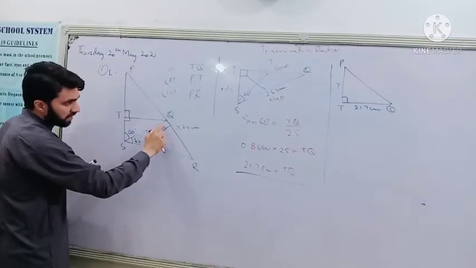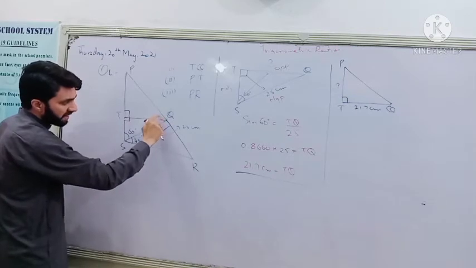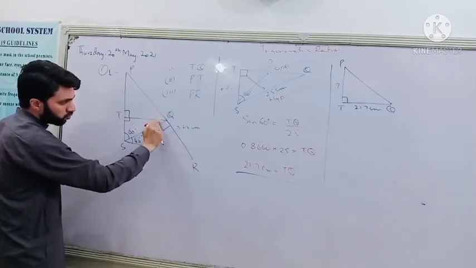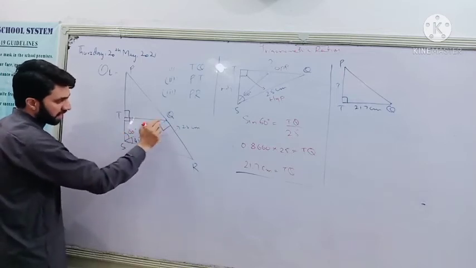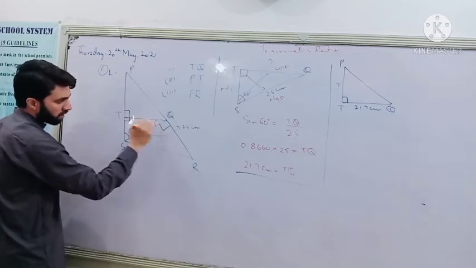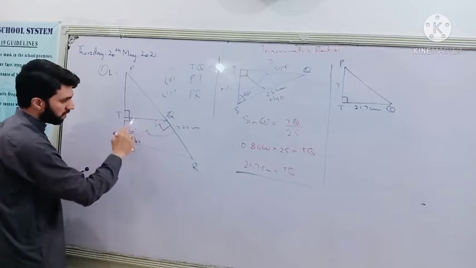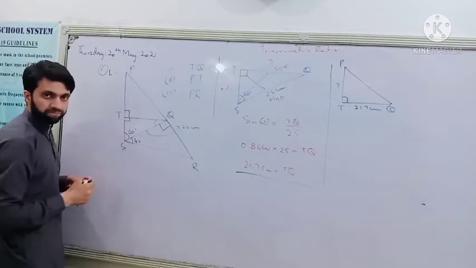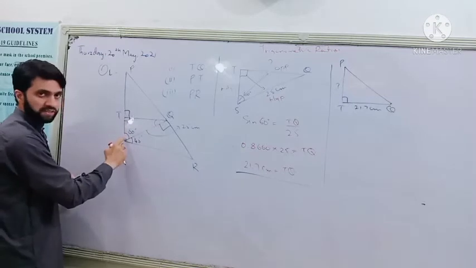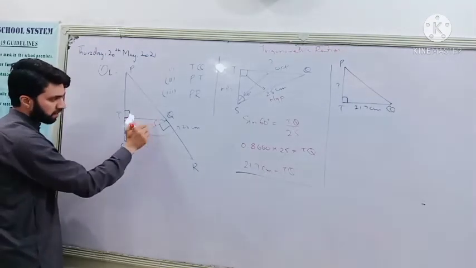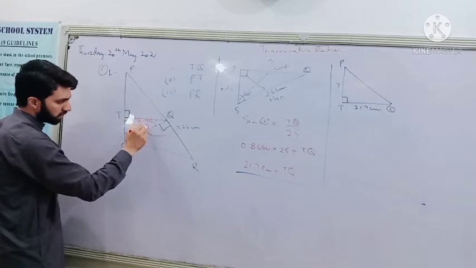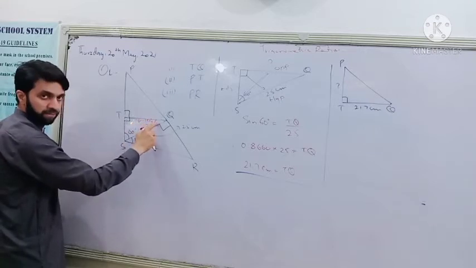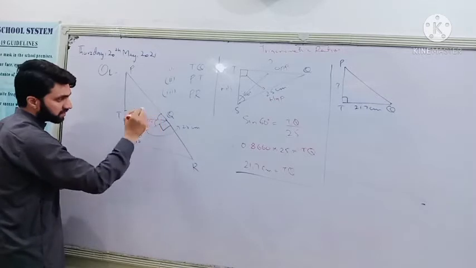We have 90 at point Q. There are three angles, 1, 2, 3. This angle can be found with the help of the formula: 90 plus 60 is 150, and 180 minus 150 is 30.